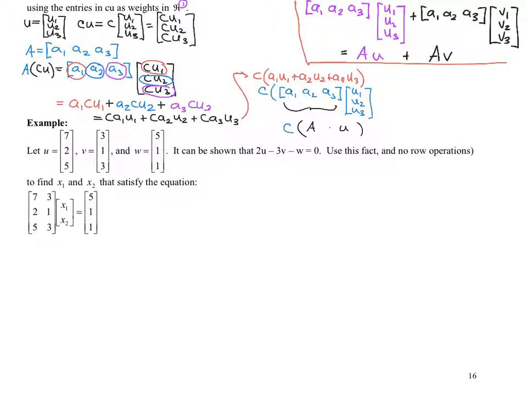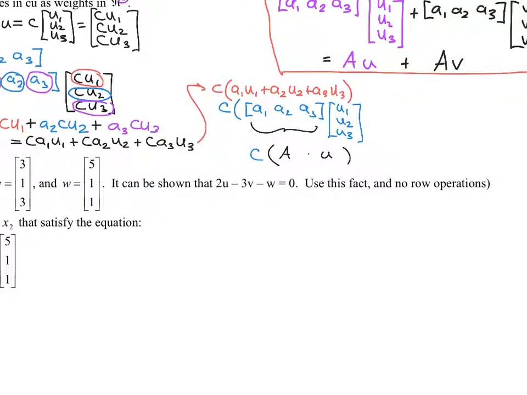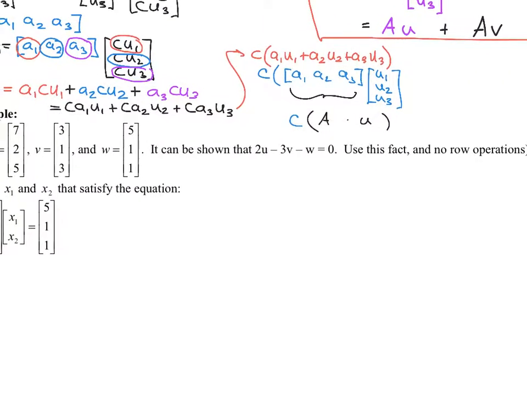All right. So first thing I'm going to do is take a look at the 2u minus 3v, etc. But I don't want to box myself out here. I need to actually see the u.